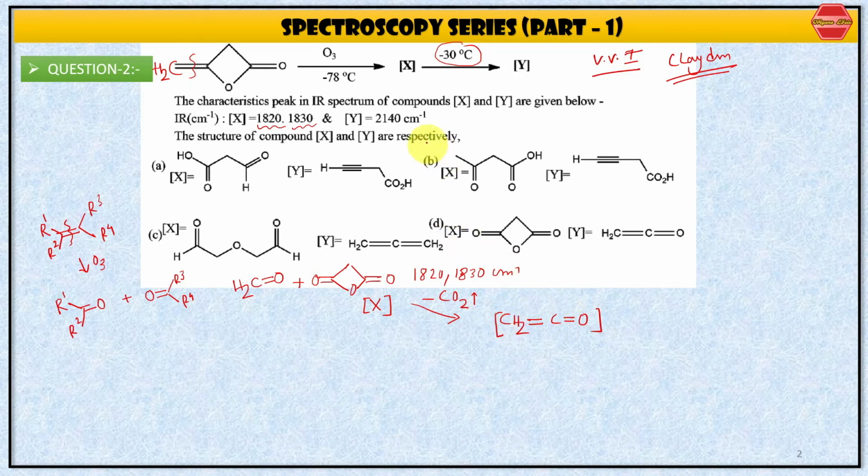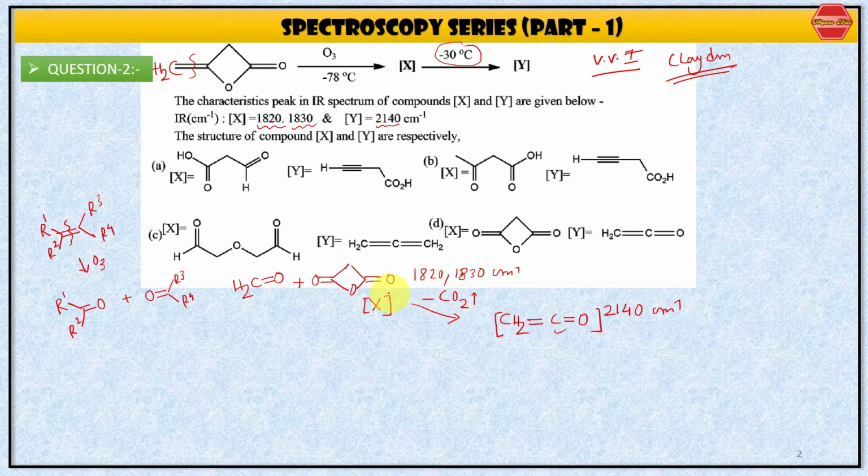Now this ketene generally shows values at higher stretching frequency, that is around 140. So this carbon will show this stretching frequency in the IR spectrum, right?